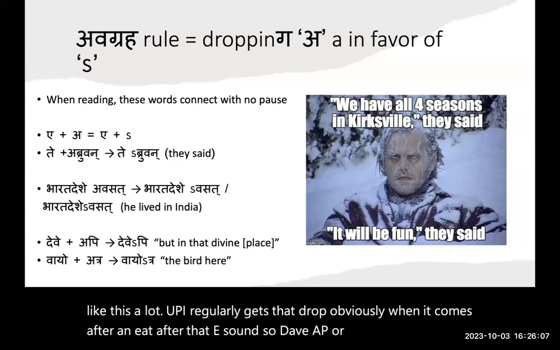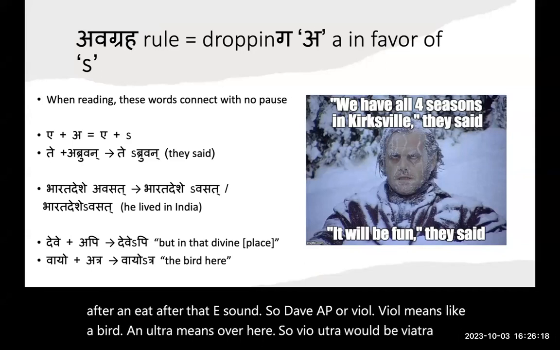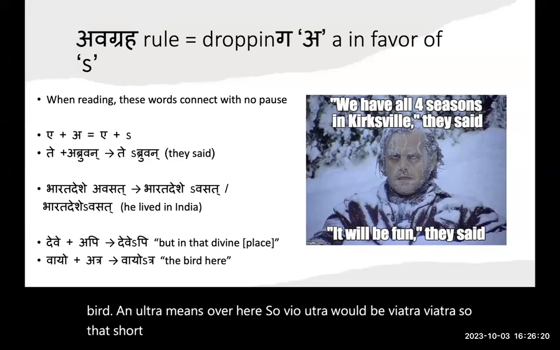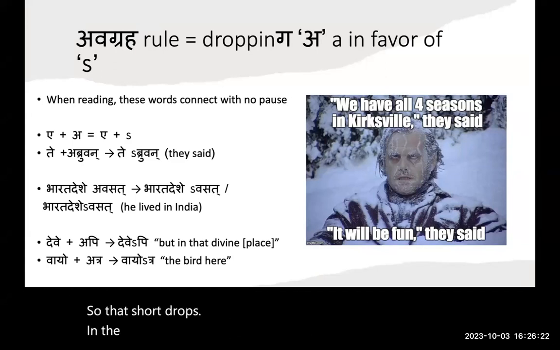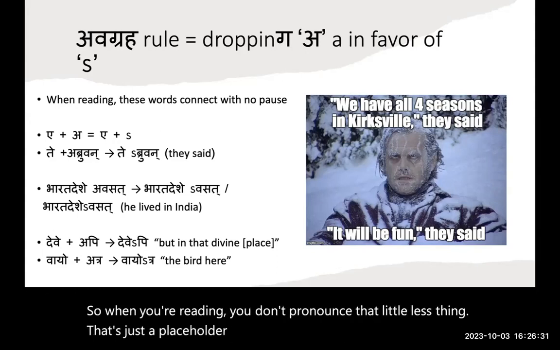Or vayo means a bird, and atra means over here. So vayo atra would be vayotra. So that short A drops in the writing and in the speaking. So when you're reading, you don't pronounce that little S thing. That's just a placeholder to show you that there is a short A there.